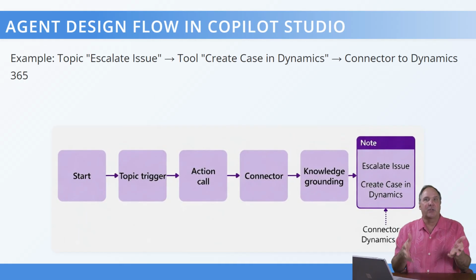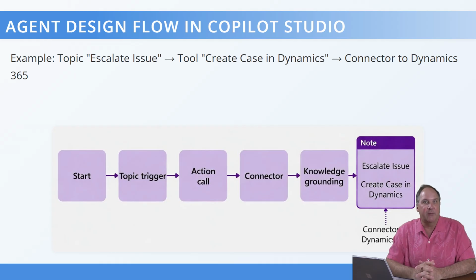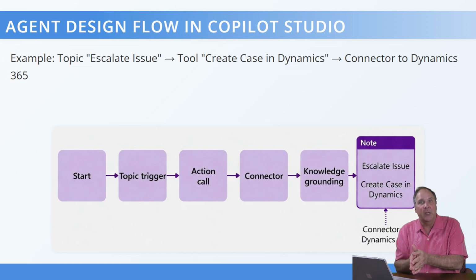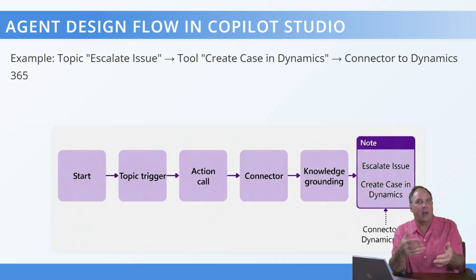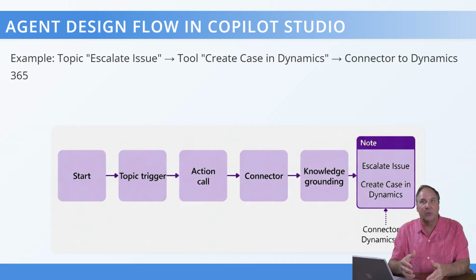Here's how these components work together in a typical design flow. Step 1, a topic detects the intent from the user input. Someone types something and the topic recognizes what they're asking for. Step 2, an action calls a tool or an external service. The agent needs to do something so it triggers an action.